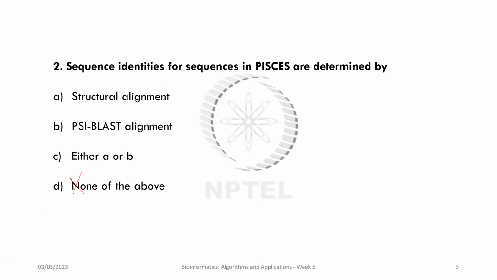And we know that Pisces uses both structural alignment and blast to get its sequence identity information. Therefore, it will be either A or B. Option C is right. Kiran, Nagamani, Devangana.